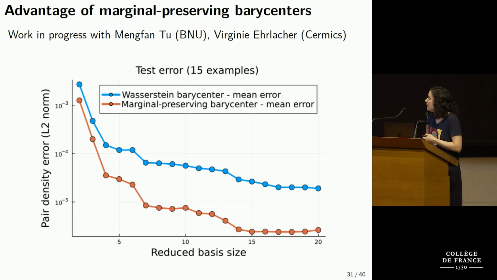And we see that we gain about one order of magnitude in the error by imposing this marginal preservation. So once again, of course, we use more information in the red curve than in the blue curve, but we hope that is an information that we can have in practice.